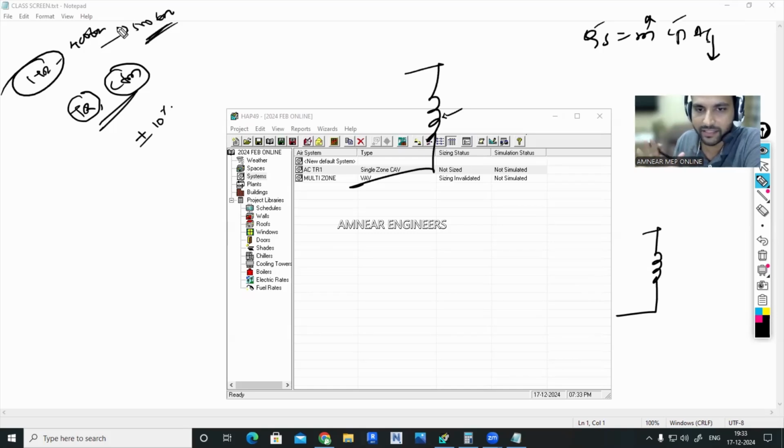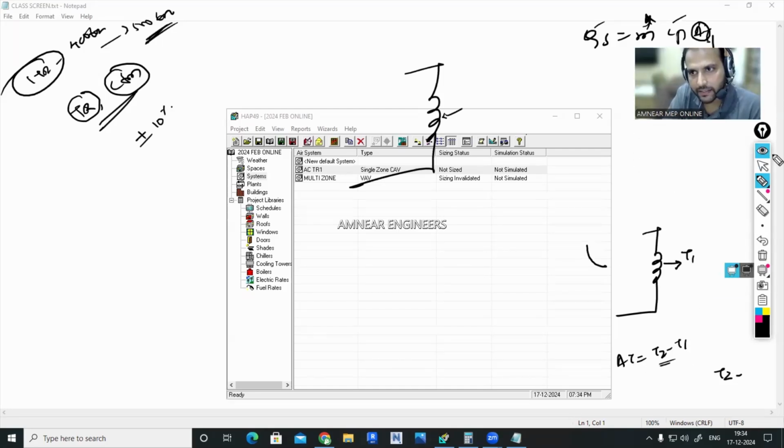Let's say when we are selecting an AC machine, the coil load is less only, but the airflow rate is more. What about the delta T if the airflow rate is increasing? If the airflow rate is beyond our requirement, delta T will definitely decrease. Means the difference between the coil supply temperature, let's say T1, and the room temperature T2, this delta T, T2 minus T1, this value will decrease.